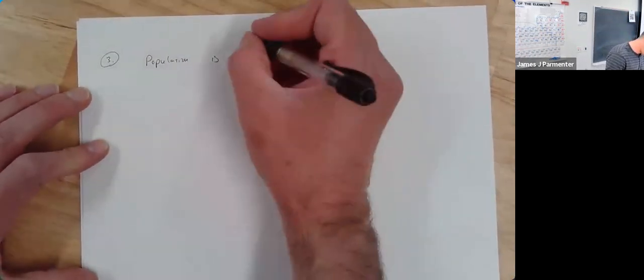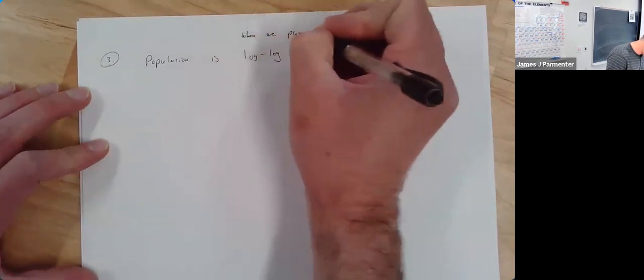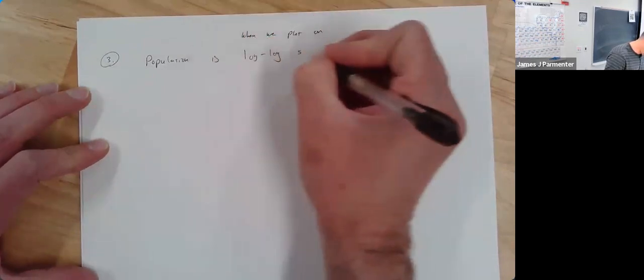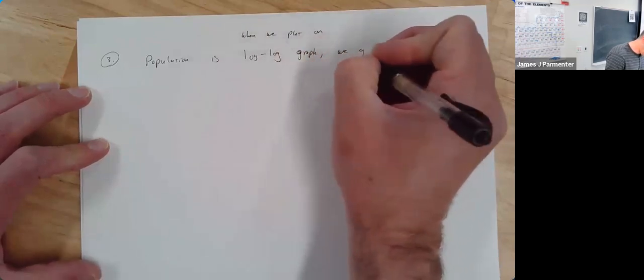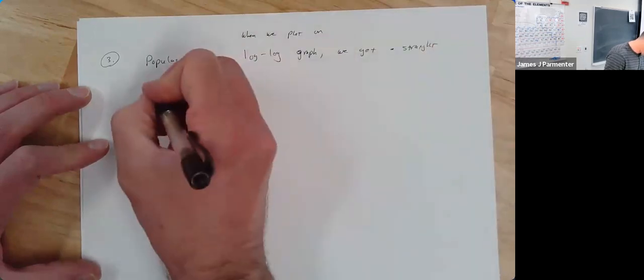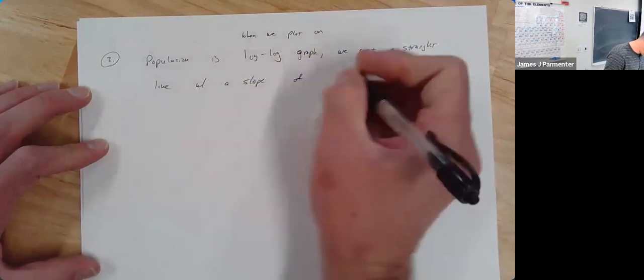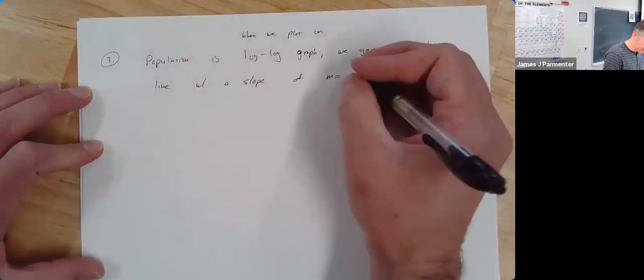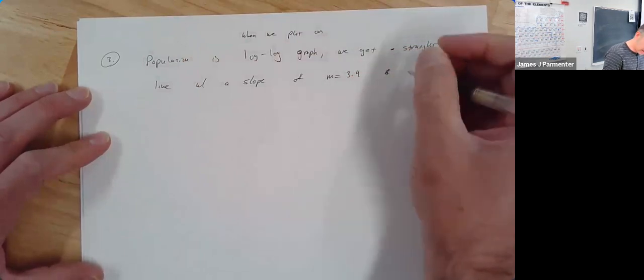When we plot the data on a log graph, we get a straight line with a slope of m equal to, I'm just making up numbers really, 3.4.